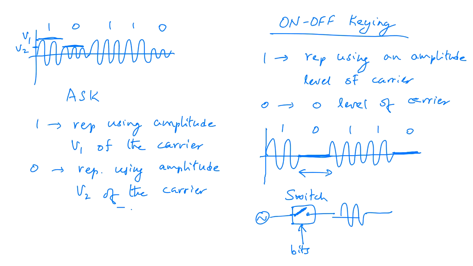So if it's a binary 1 that is being emitted, turn on the switch, and the oscillator's output, that is the carrier signal, will go out. And if it's a 0 being transmitted, turn off the switch, that means the carrier signal from the oscillator will not go out. It will just be turned off, so it will remain like 0, right?